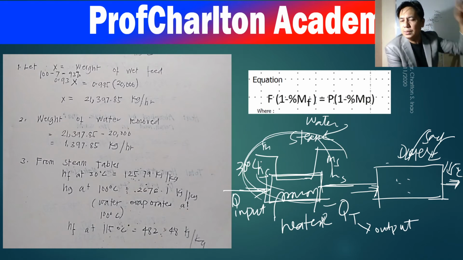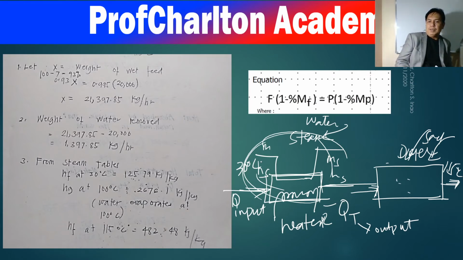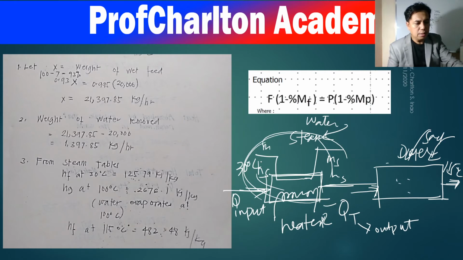First, we need to get the properties at the steam table. HF at 30 degrees centigrade, meaning enthalpy of fluid at 30 degrees centigrade. So we have here 125.79.